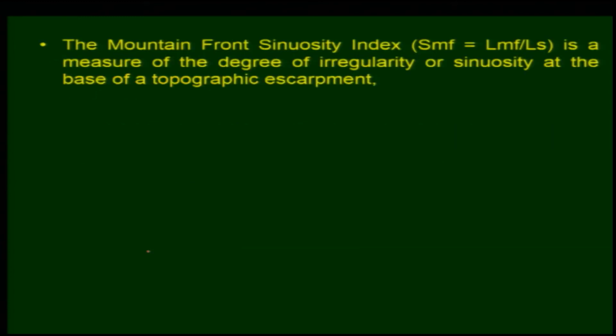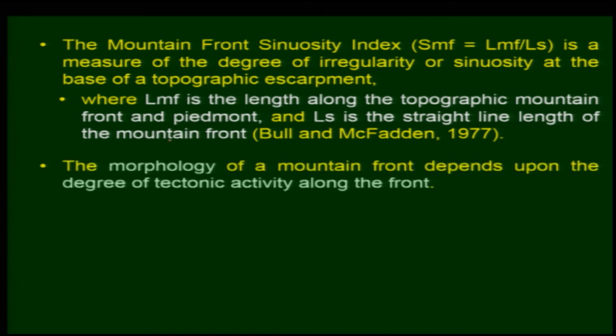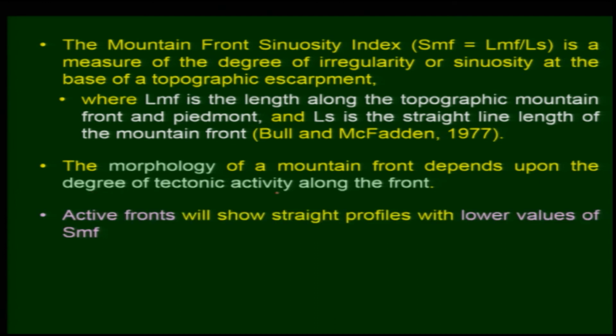The mountain front sinuosity index is the measure of the degree of irregularity. This is what I was talking about: if you have more eroded fronts, they are indicative of less activity. Here LMF is the length along the topographic mountain front and Piedmont, and LS is the straight length of the mountain front. The morphology of the mountain front depends upon the degree of tectonic activity along the front.